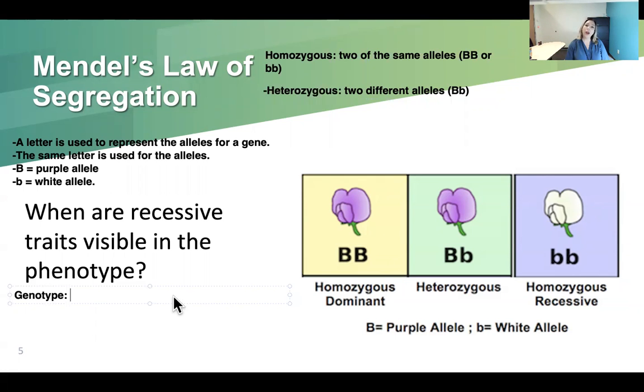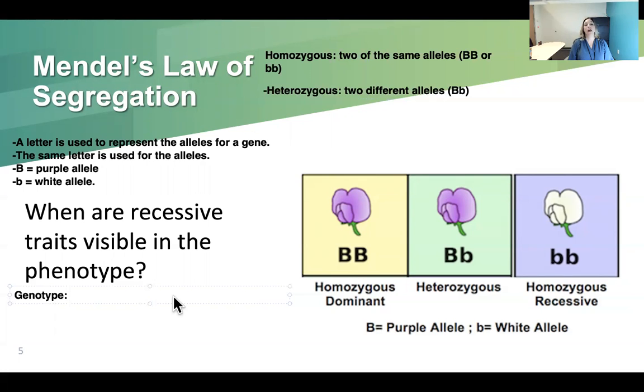The genotype of an individual refers to the alleles that they possess for a gene. So you could think of it like the letters, okay? So an individual can be big B, big B, little b, or little b, little b. Those are 3 different genotypes.